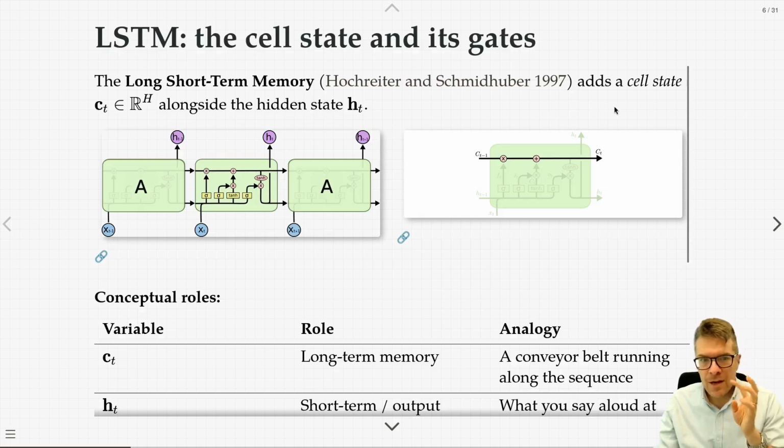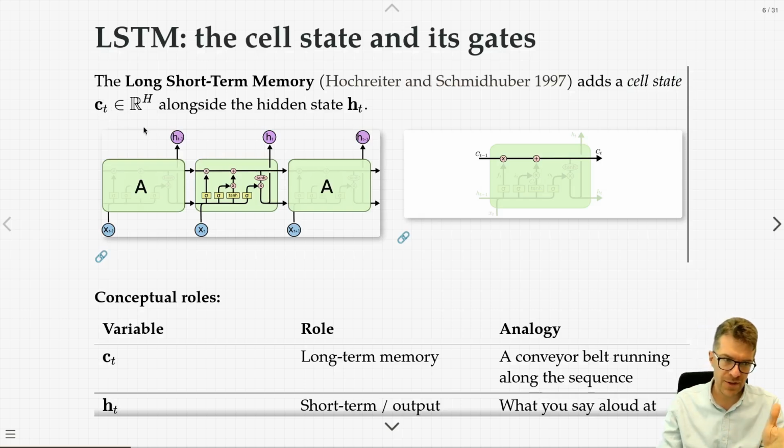The main innovation here is the introduction of this cell state, which we call c_t, c for cell. And it's a new vector that runs in parallel to our hidden state. We still have the hidden state. The hidden state still performs the same function as it did before. It's still going to incorporate the dynamics of time. It's still going to incorporate information from the current observation, x_t.